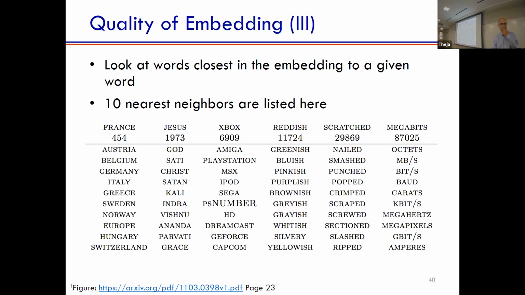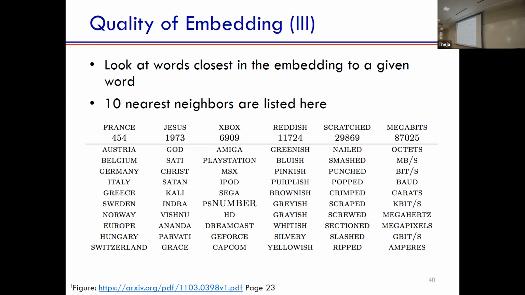There are other things that people have found. You can look at the nearest neighbors of some representative words to get a sense of whether your embedding is good. For example, the nearest neighbors for France. Just like in the previous slide, the words around Wednesday were probably days of the week, right?